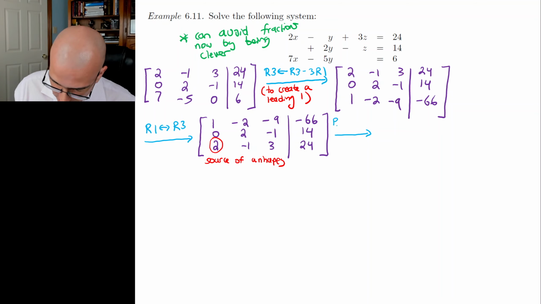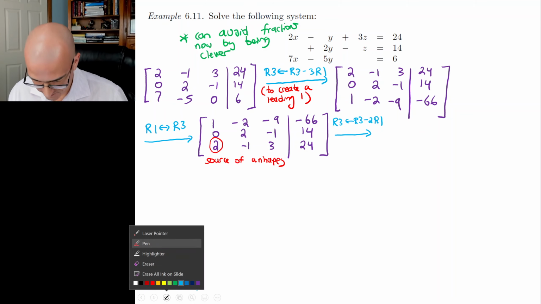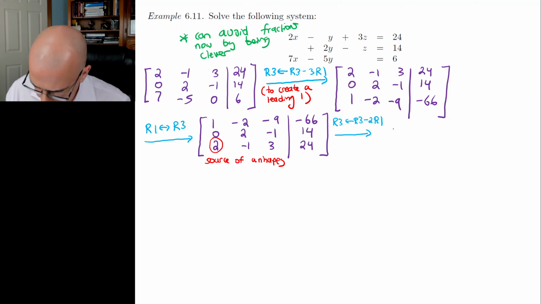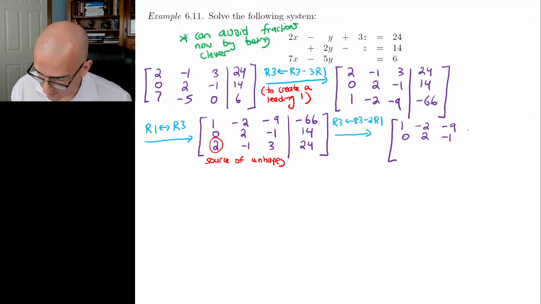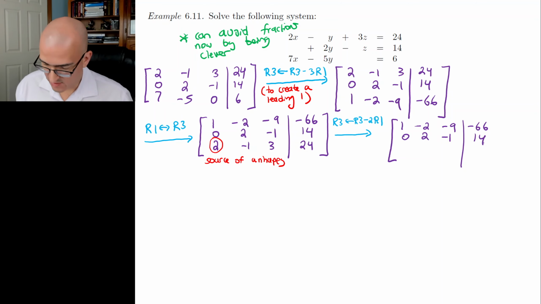We're going to replace row 3 by row 3 minus 2 times row 1, using that leading 1 as a weapon. Okay, so row 1 is going to stay the same. 1, negative 2, negative 9, 0, 2, negative 1, negative 66, 14. Now we've got to be careful.